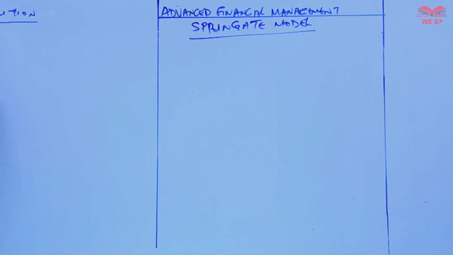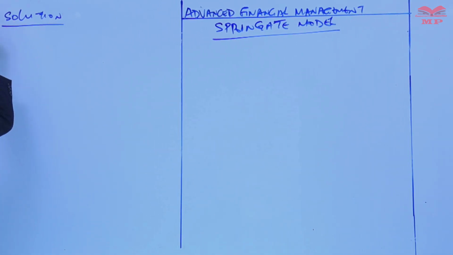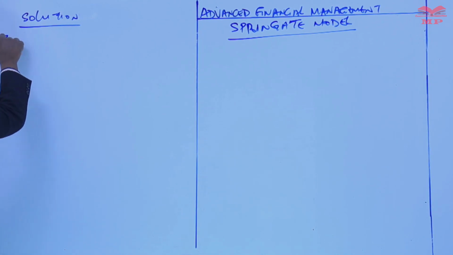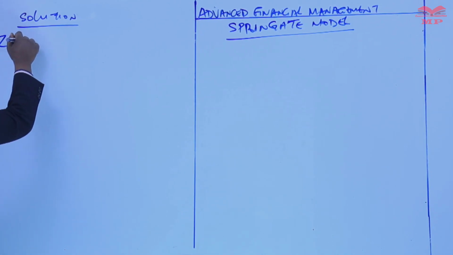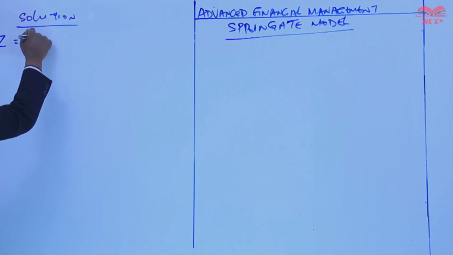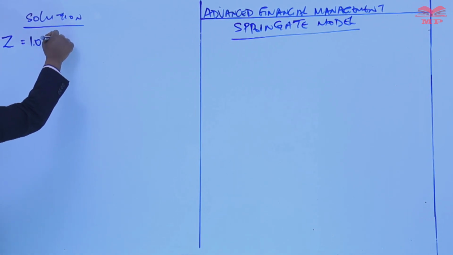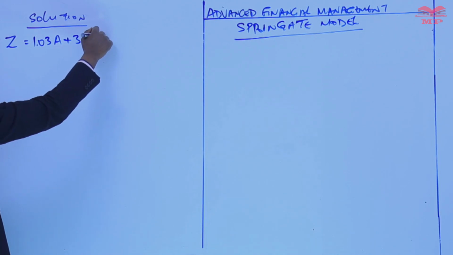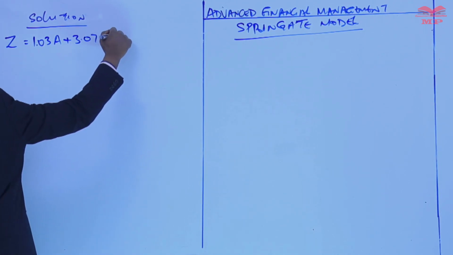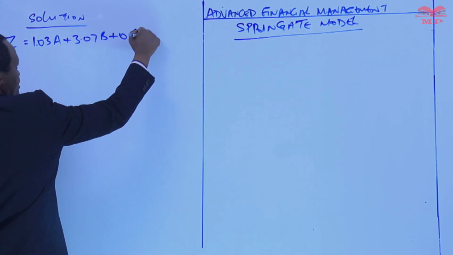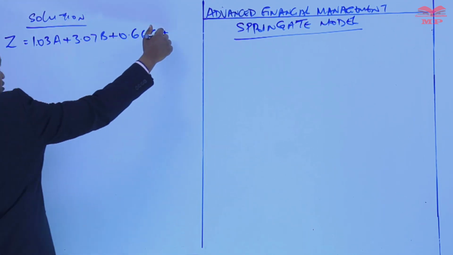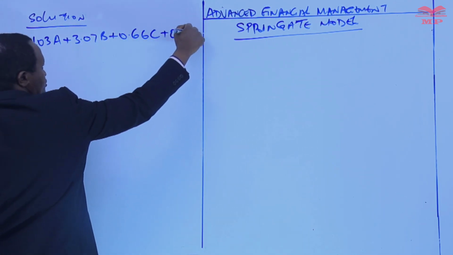financial health of the company using the Springate model that takes the form Z is equal to 1.03A plus 3.07B plus 0.66C plus 0.4D.